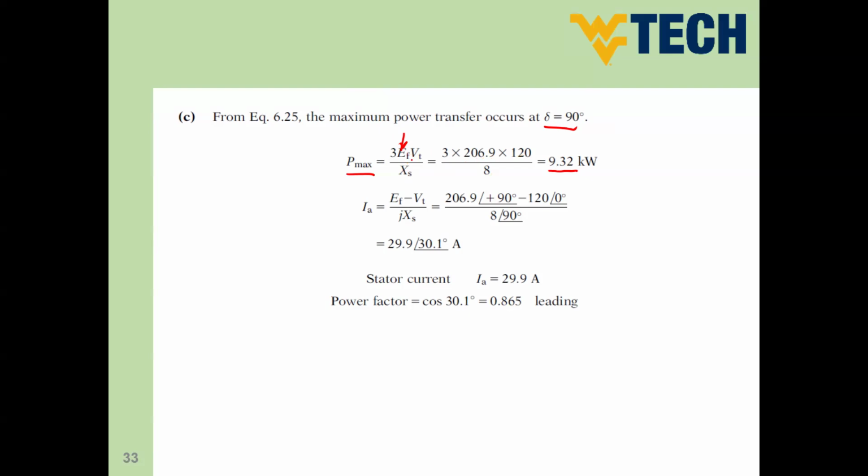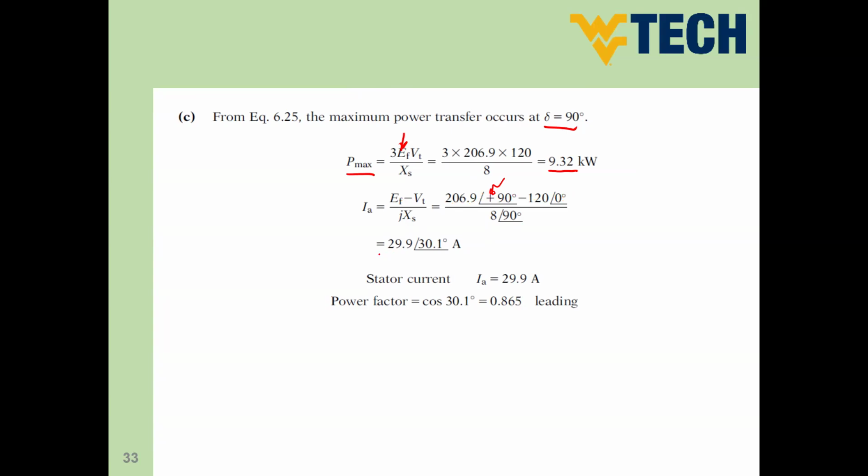Okay, guys? Then, what is the value of the current? Simply, IA equals EF minus VT divided by jXS. EF is the same value of excitation volt as in part A, but this time the angle is 90 degrees. So we can say 206.9 at angle plus 90, and it has to be plus again because this is a generator, minus 120 at angle 0, divided by jXS.